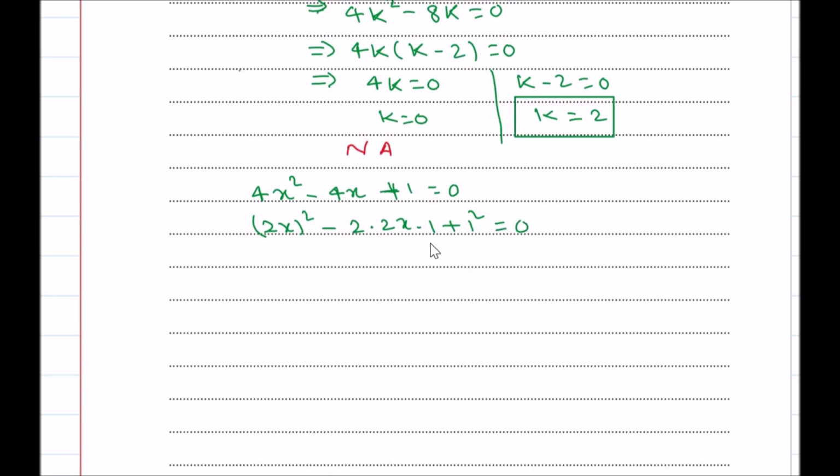That means a square minus 2ab plus b square is a minus b whole square. So we get 2x minus 1 whole square equal to 0. This implies that 2x minus 1 is equal to 0. This implies that x equal to half.